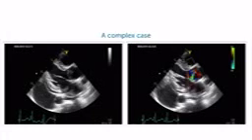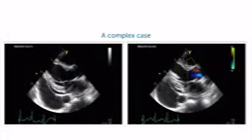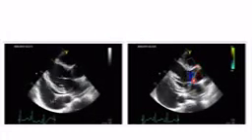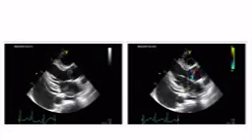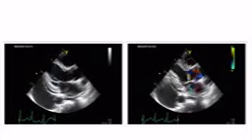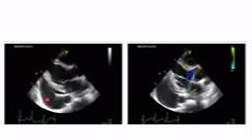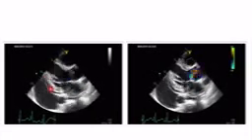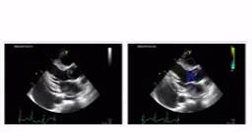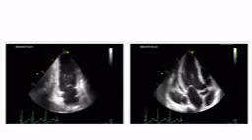And here is another case, a more complex one, where you can still detect AR. There's this really eccentric jet that maybe, as every eccentric jet, is underestimated in the presence of pleural effusion and a small amount of pericardial effusion. So let's see left ventricular function.